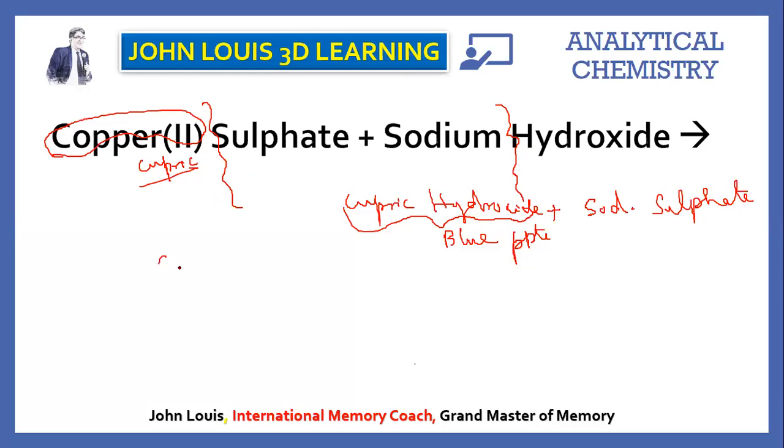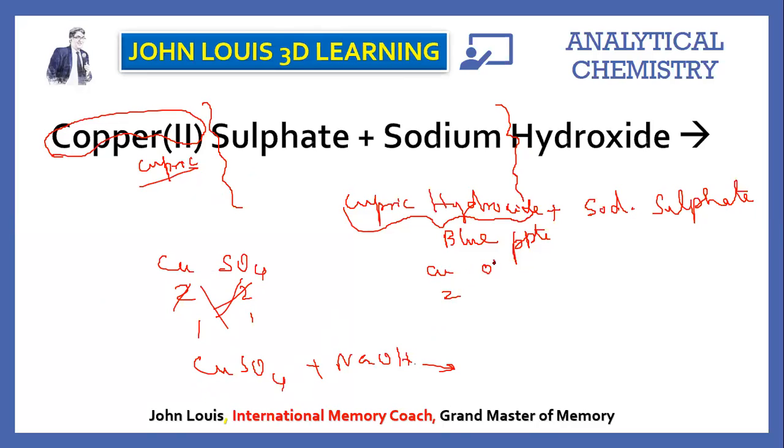Is it clear? So how can you write the formula? Copper valency 2, sulfate also 2. You simplify 1:1. Therefore, CuSO4. Then sodium hydroxide is NaOH. Then cupric hydroxide: cupric valency 2, hydroxide valency 1. If you interchange, you get Cu(OH)2.